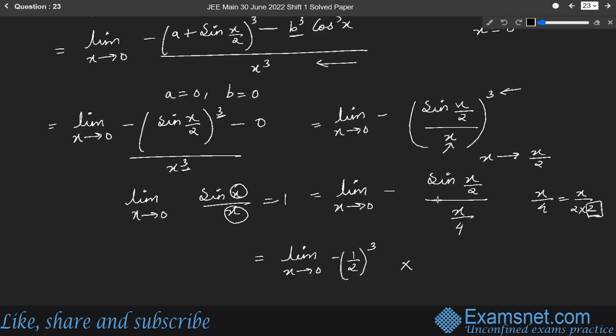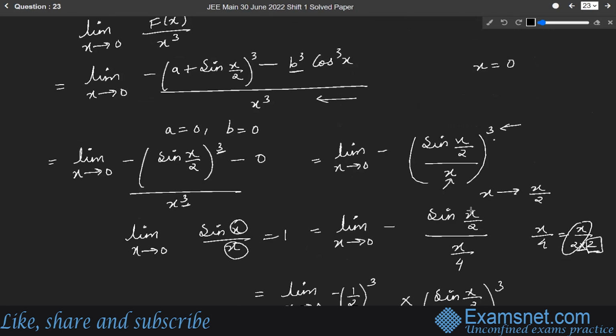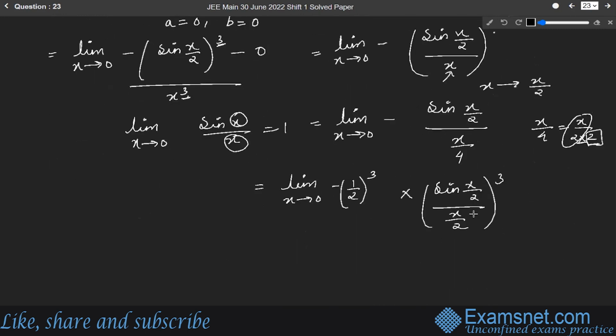Multiplied by, now what are the remaining terms? Sine x by 2 divided by x by 2, and whole cube. We have taken 1 by 2 outside, so the remaining term will be x by 2, and since it is in cube, we have written whole cube. And remember that when 1 by 2 comes outside, it is also inside the bracket, so it is also in terms of cube. That is why it is minus 1 by 2 cube.